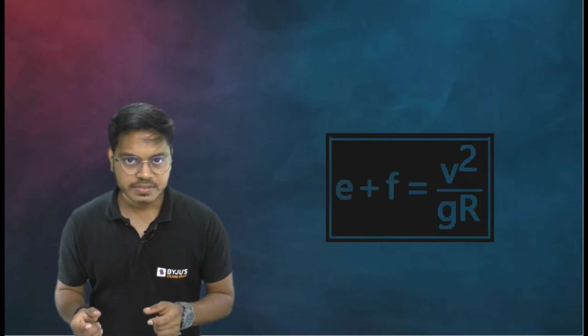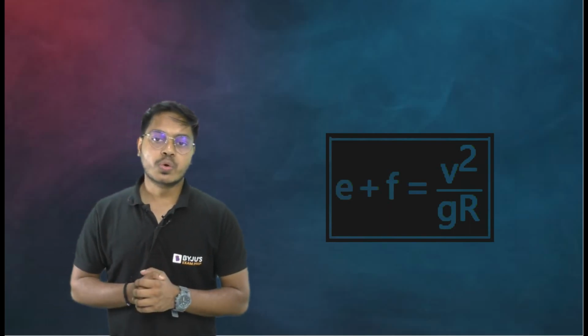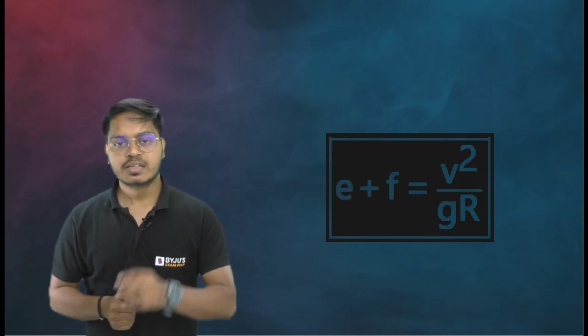Now if we also want to get the design formula, there are two criteria that we need to follow. Number one, we have to consider the velocity as 75% of the design velocity, because we cannot take the minimum velocity, and we can't take the maximum velocity, because it is going to be problematic for the other vehicles. Another criterion is, since the frictional force is a self-occurring force, it is going to occur by itself.